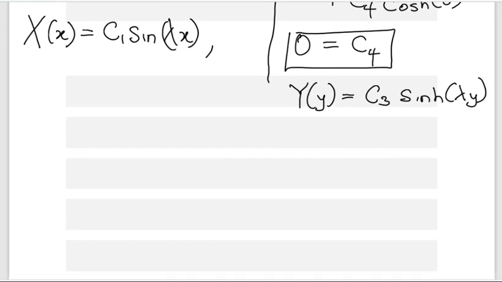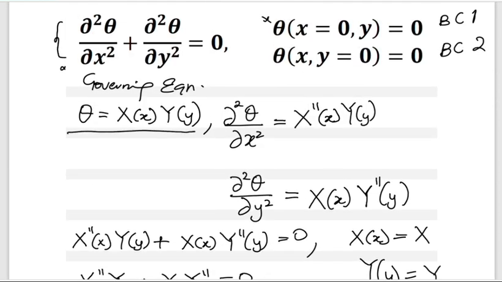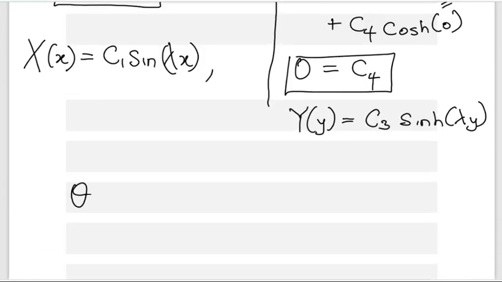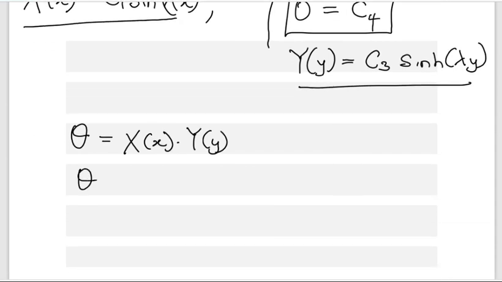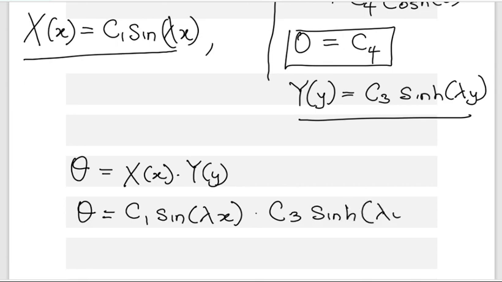So therefore, now we've applied the two boundary conditions, and we recall that theta is x of x times y of y. Here we have our x, and here we have our y, which implies that theta is simply c1 sine lambda x times c3 hyperbolic sine of lambda y.